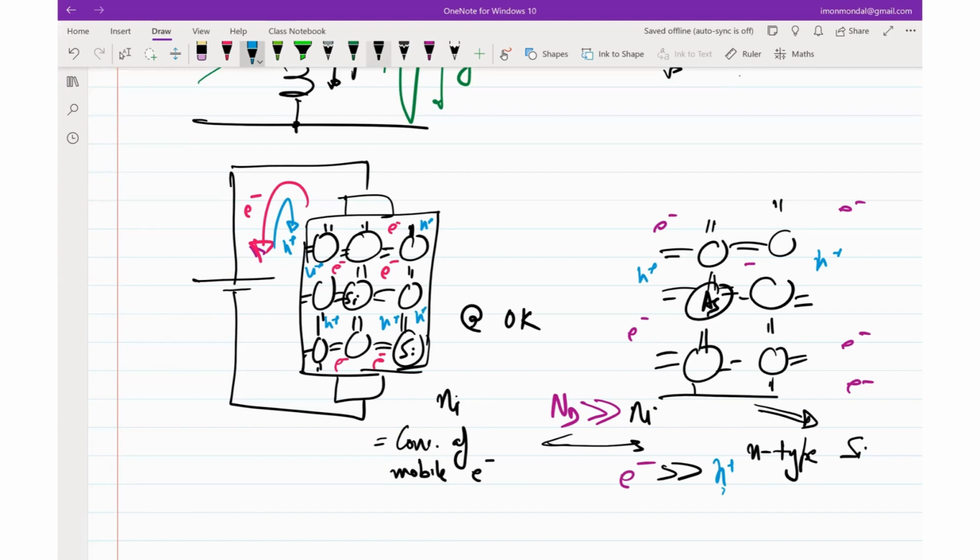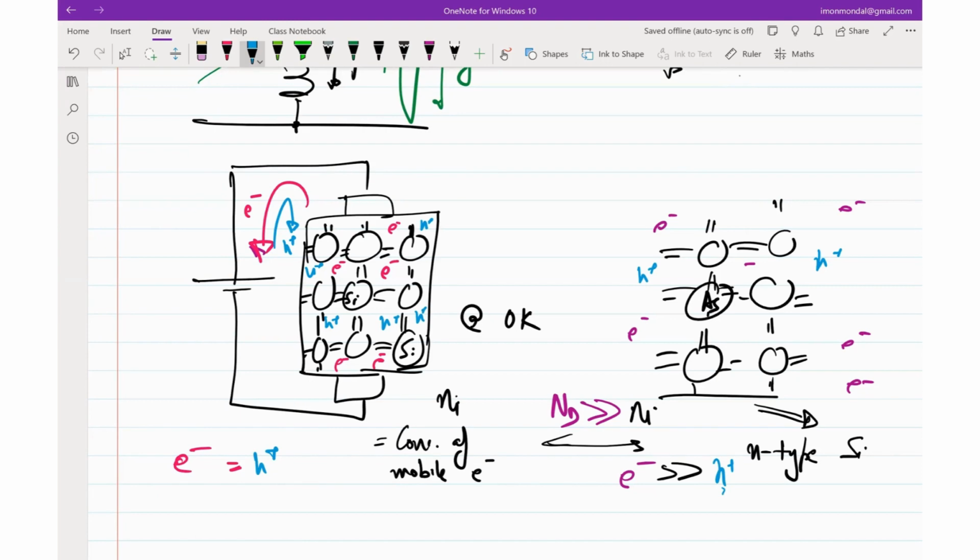But in the piece of silicon on the left-hand side, clearly the electron concentration is exactly equal to the hole concentration. Correct? So does that mean the doped lattice is ionized? It's not electrically neutral? Yeah, why not?